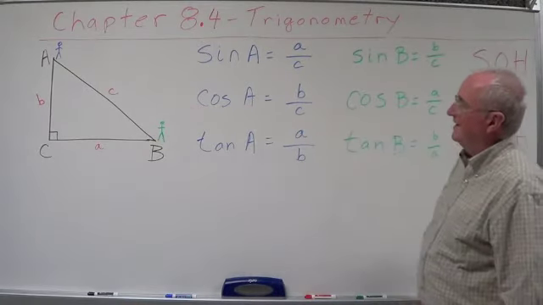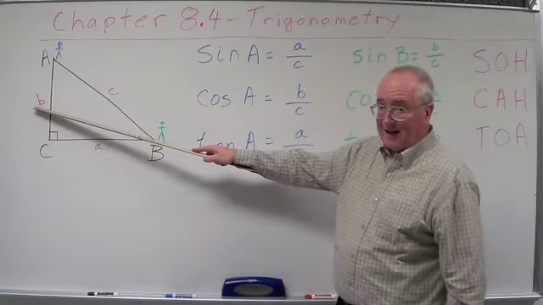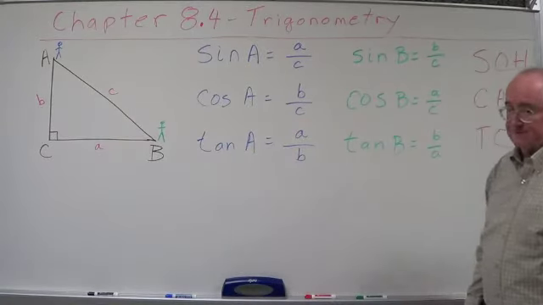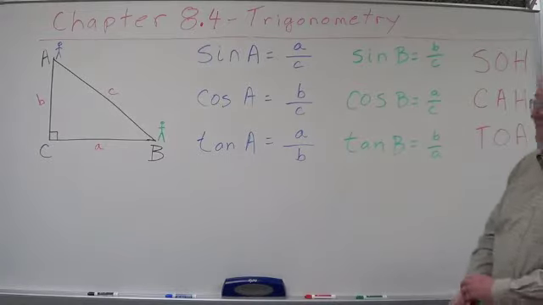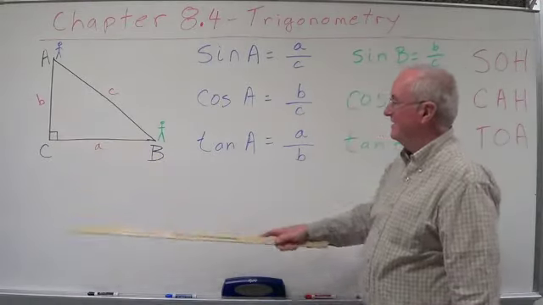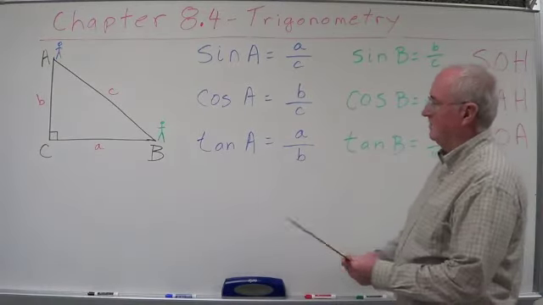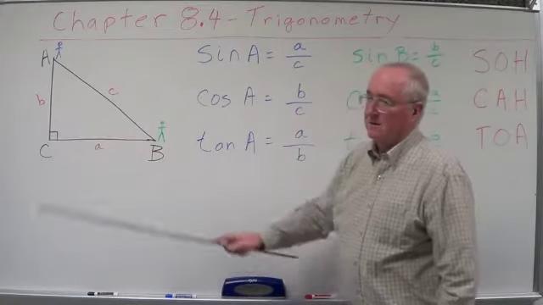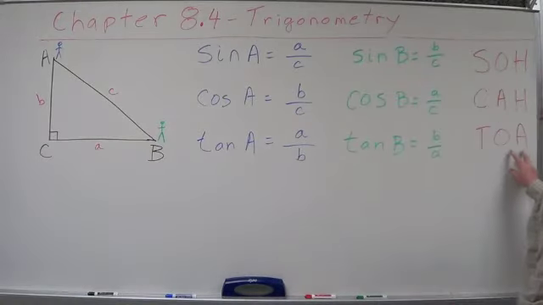The cosine is going to be the side I can reach divided by the hypotenuse. And the tangent of A, standing on A, is going to be the opposite side that I can't reach divided by the adjacent side I can reach. See, I go back here.